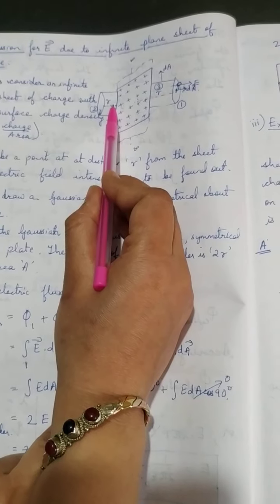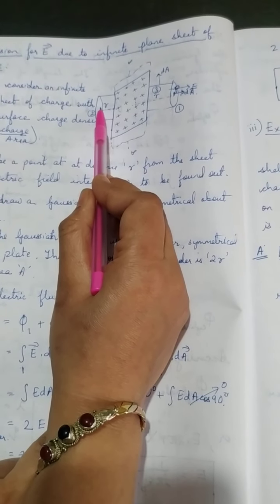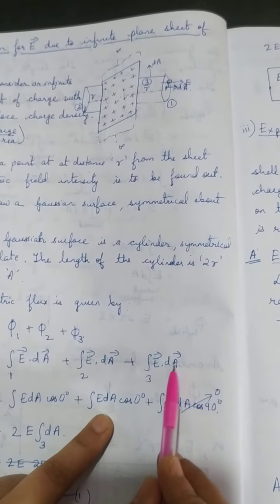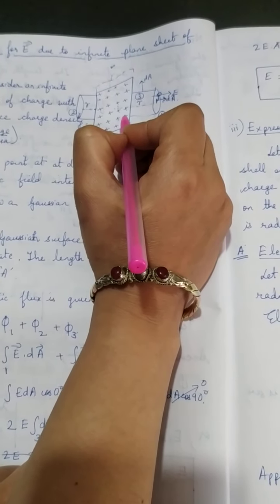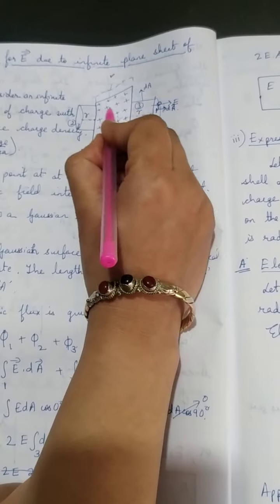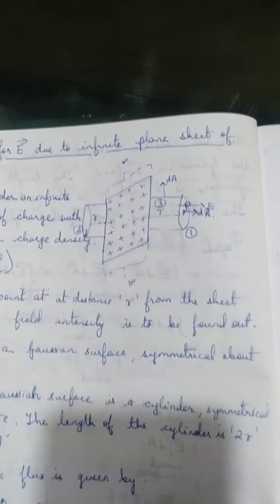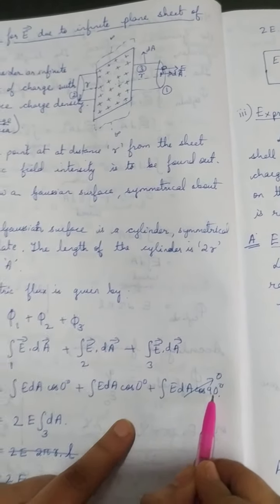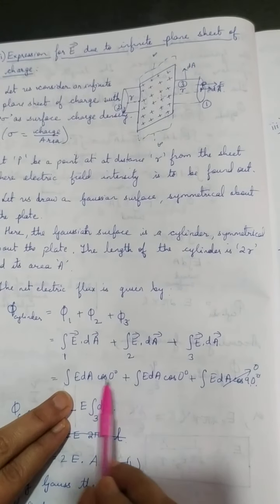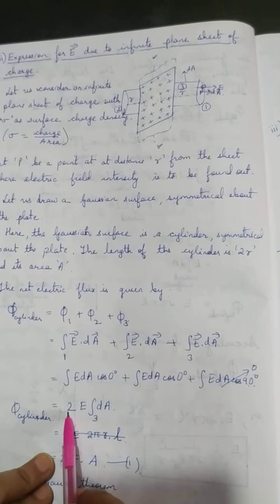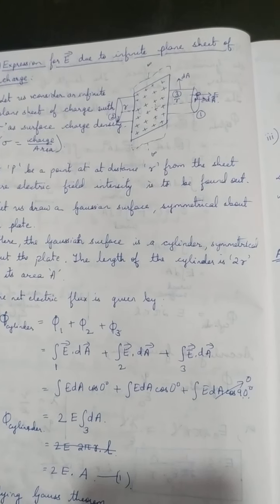Similarly, for the second surface here also, it will be equal to 0 degree angle. And the third one, you can see area vector is directed upward and the electric field is directed towards the right. So the angle between them will be equal to 90 degree. If you look at this, it will be E dA cos 0, which is 1. E dA added up 2 times, it will be 2E integral dA.